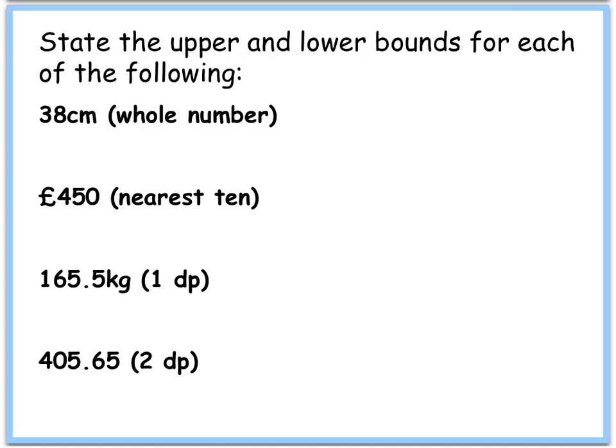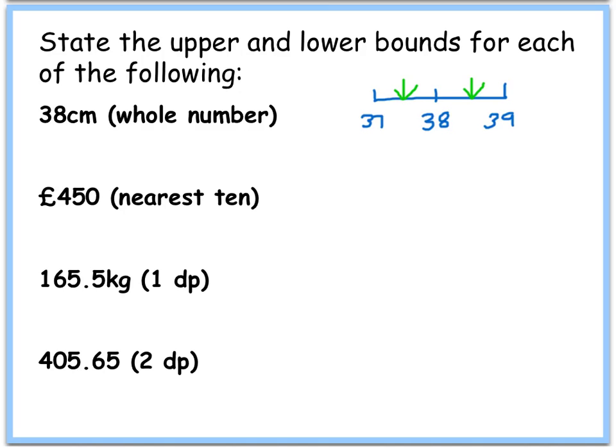One way to think about this is to draw yourself out a little number line. If I've got 38 centimetres, then if it's to the nearest whole number, the whole numbers either side of that will be 39 and 37. So it makes sense that the upper and lower bounds are going to be halfway in between here.